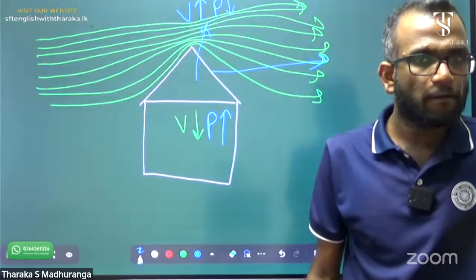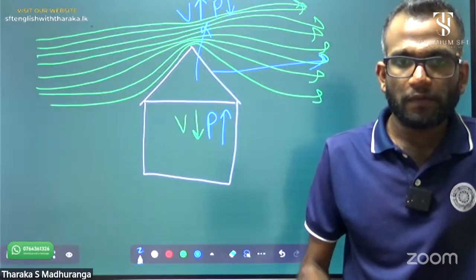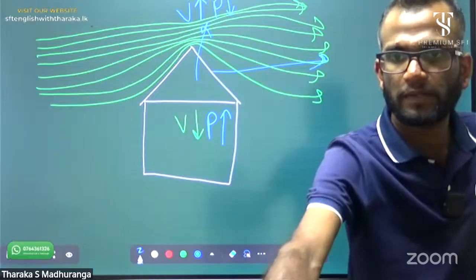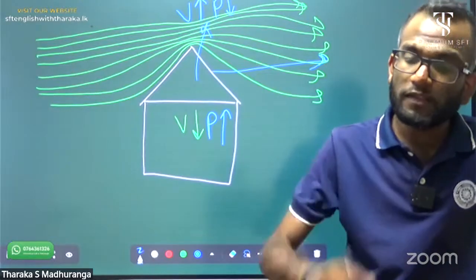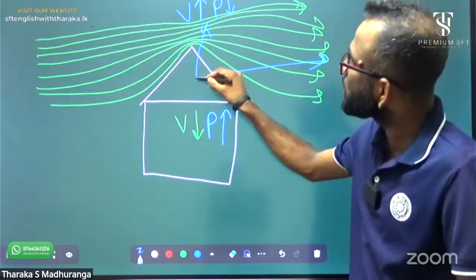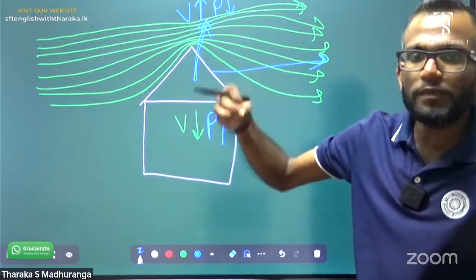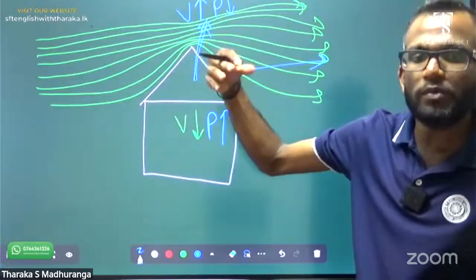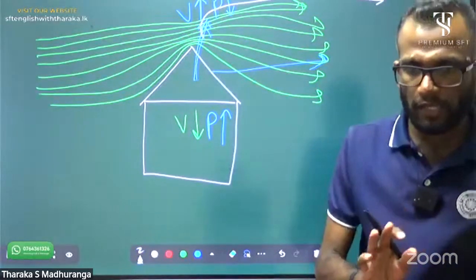Yeah, it is lifting. The roof is removing upward. After removing it, it can flow in the wind direction.